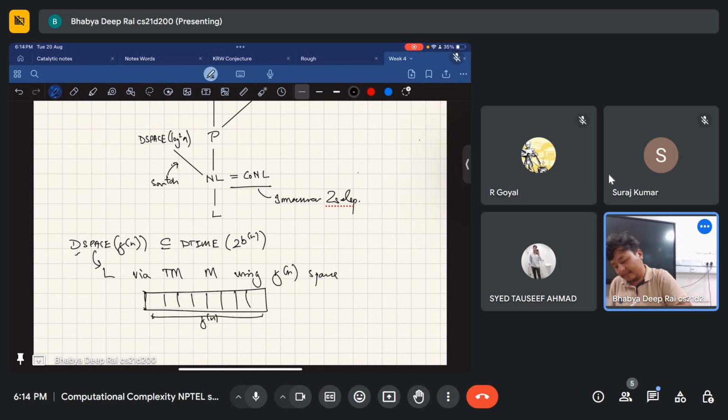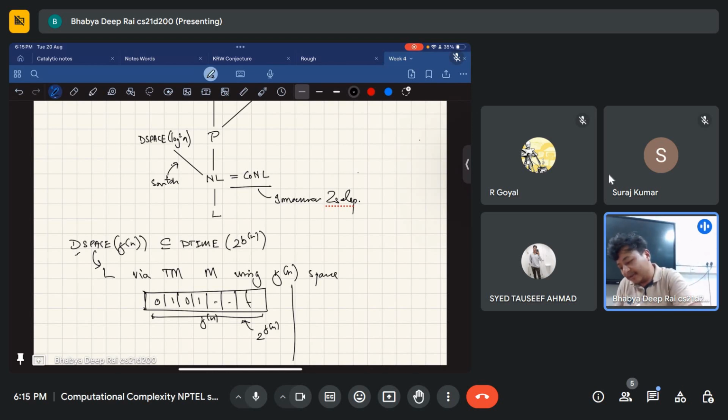These are all bits, and how many different types of bits can there be? Well, there can be 2 to the f(n) many. And the proof was as follows: you take the possible configurations that a Turing machine can be in.